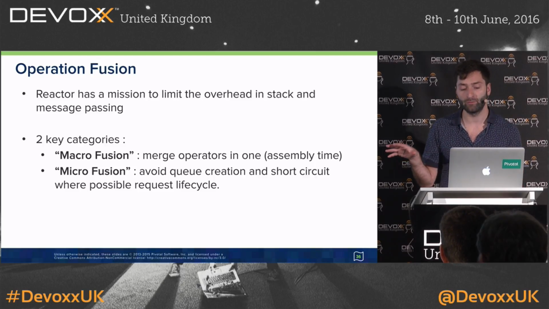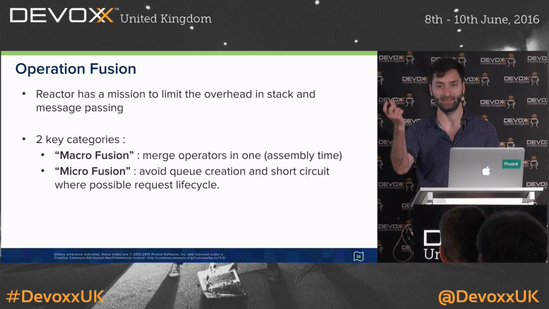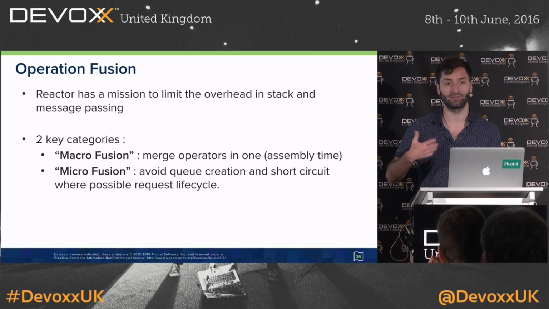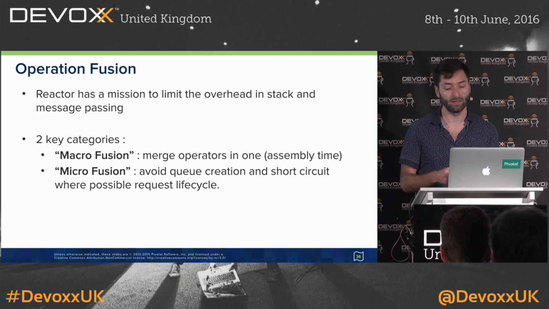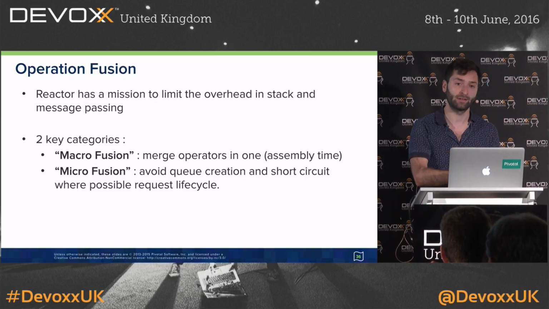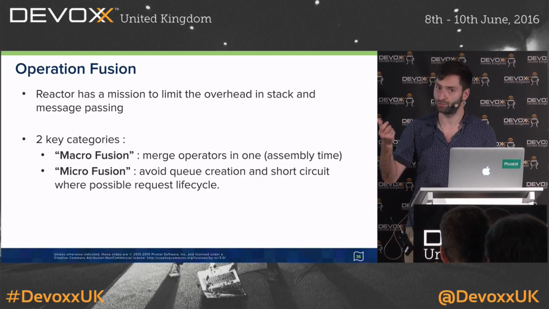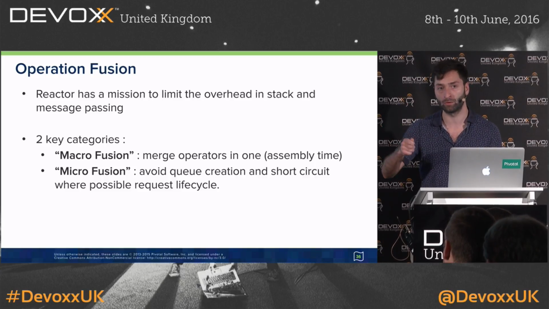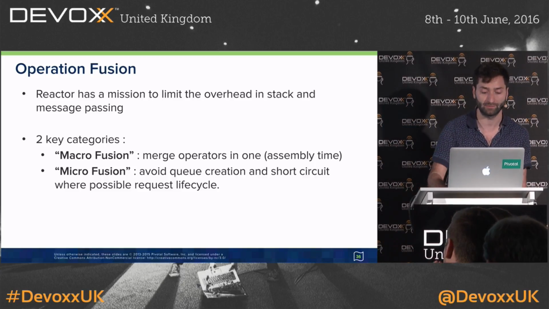With the micro fusion, what we try to do is sometimes we detect by pair if the parent has a queue, and instead of creating a queue in the child operation, we're going to use the buffer from the parent. So that's the kind of short-circuiting we do to avoid this offer and poll dance. So that's really what we're trying to explore. It's a very hard topic.